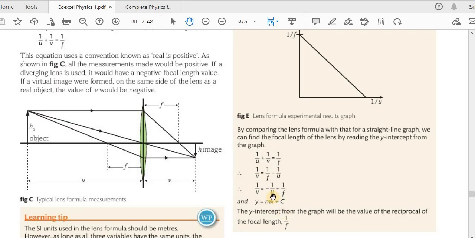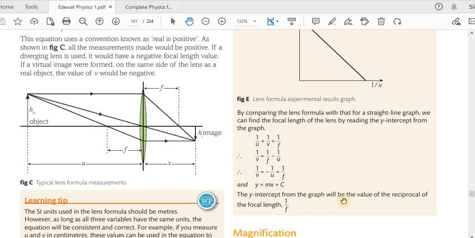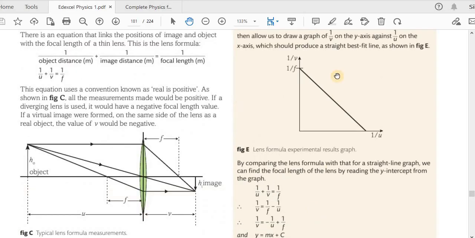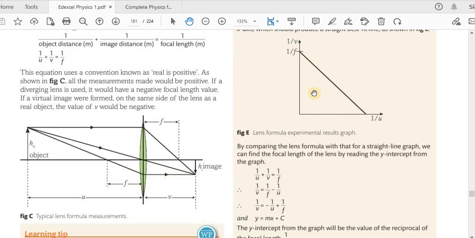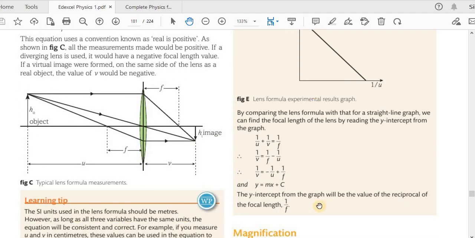The gradient is negative, so the line will go this way. If it's a positive gradient, the line will be this way. The y-intercept from the graph will be the value of the reciprocal of the focal length. So once you find the y-intercept, to find the focal length, you have to take the reciprocal of this.